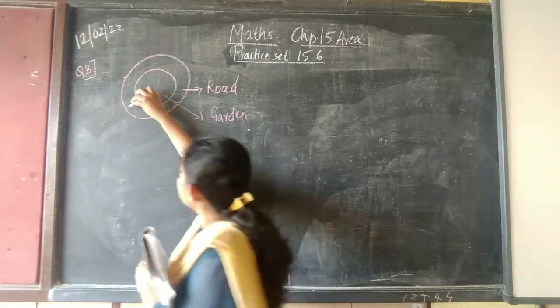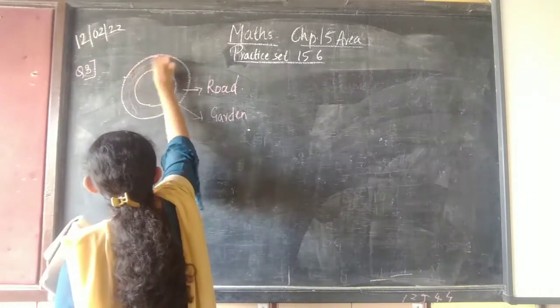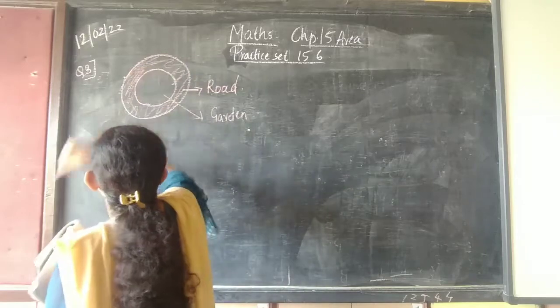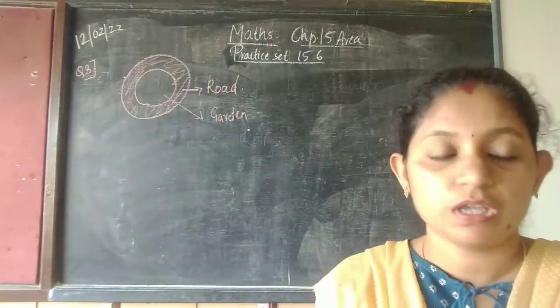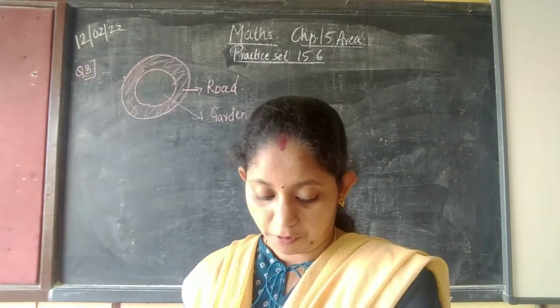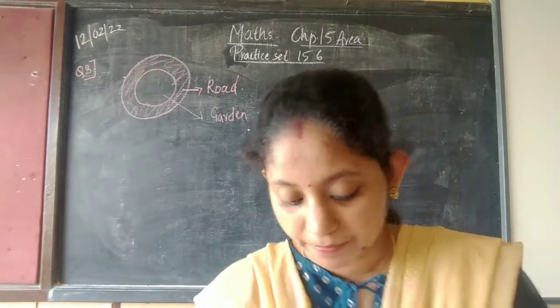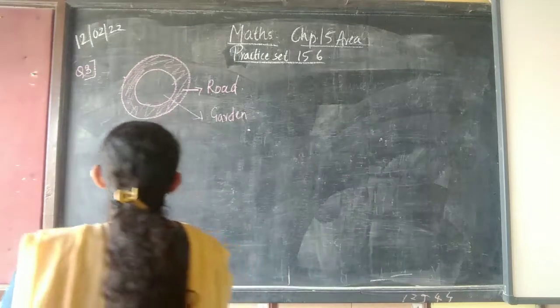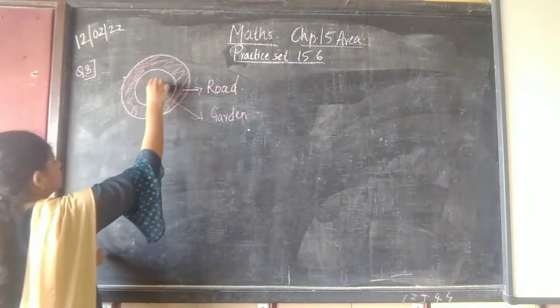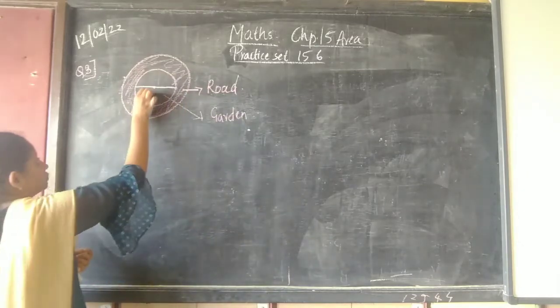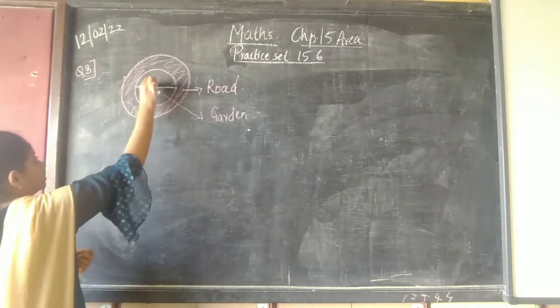So we have to find out the area of this entire thing. That is the road, how much it is there, we need to find out. Okay. What information they have given? They have given us diameter of circular garden. That means, suppose this is the center. So the entire measurement is given as 42 meter.